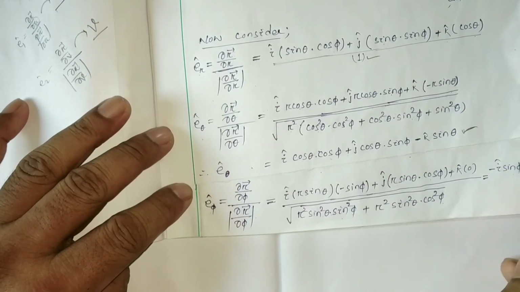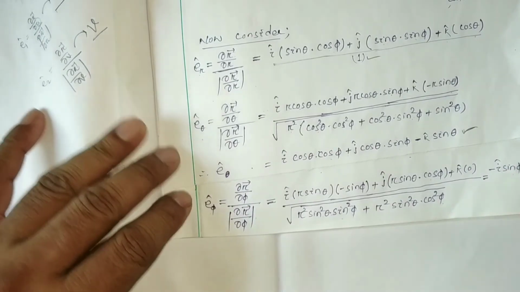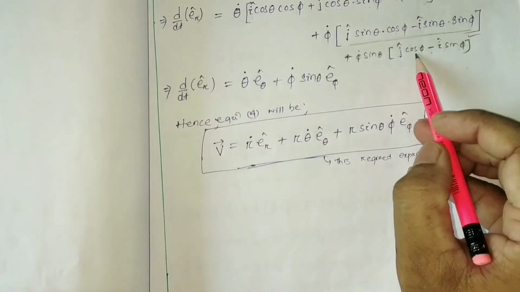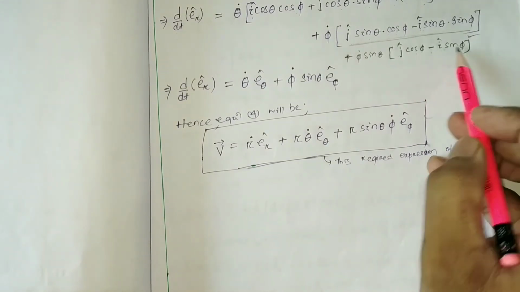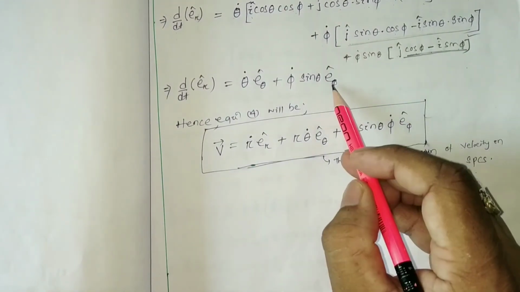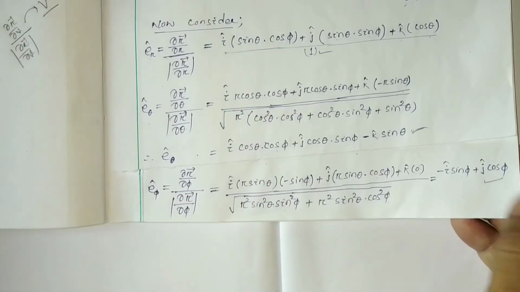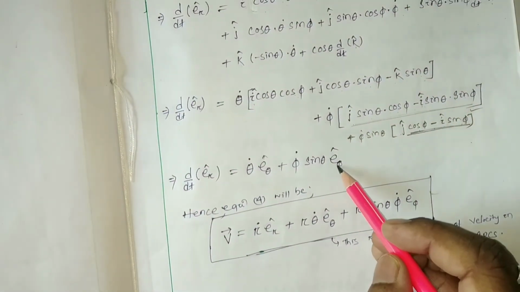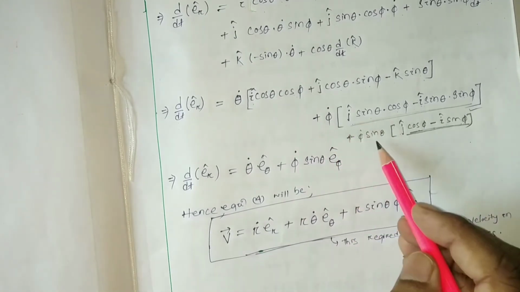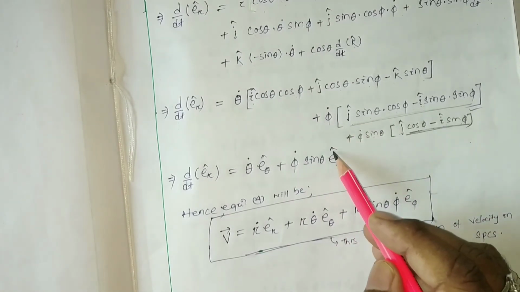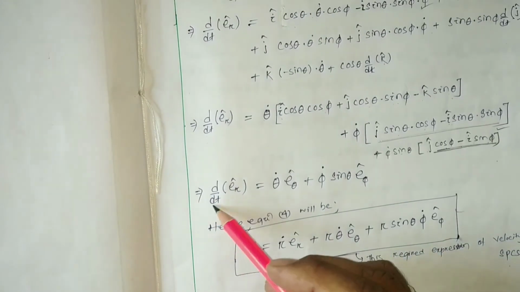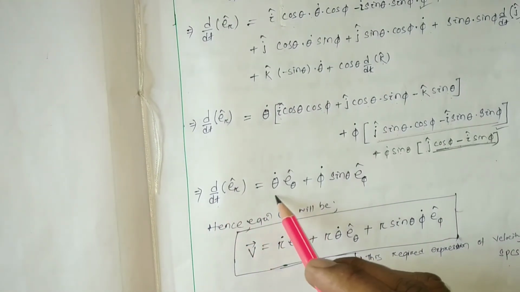We found this already. Now we have to substitute these things, so phi dot sin theta e phi cap. So here we found d by dt of e_r cap is nothing but this much.